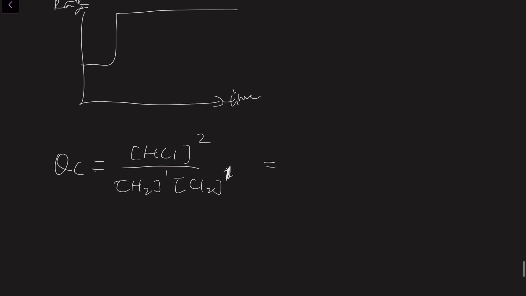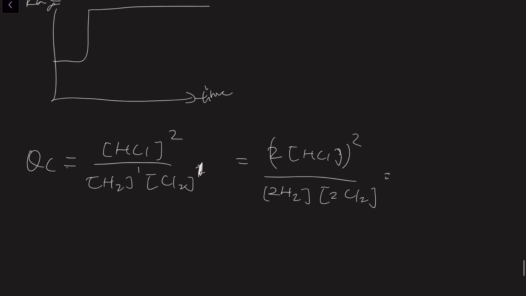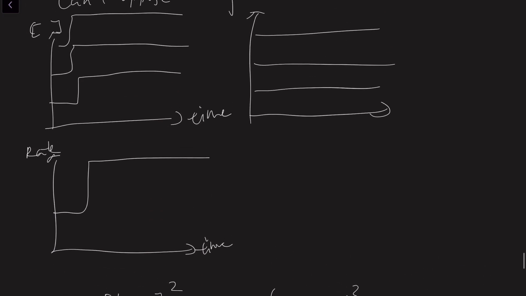So now if we double the concentration, this is the same as 4 times. And the 4's cancel out. So which is the same as before. Since QC is not changing, we know the system is still at equilibrium. That's why there's no change to the system.